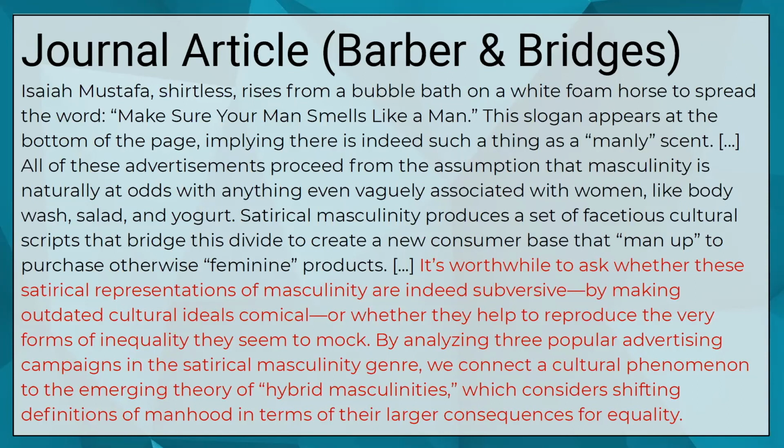Then it asks a larger question, now highlighted in red, whether this element of satirical masculinity is indeed critical of masculinity, or whether it actually helps reproduce the very forms of inequality that are associated with masculinity. And then they offer a different theory, hybrid masculinities, to analyze what might be at stake in these different representations of masculinity in the advertisements they analyze.